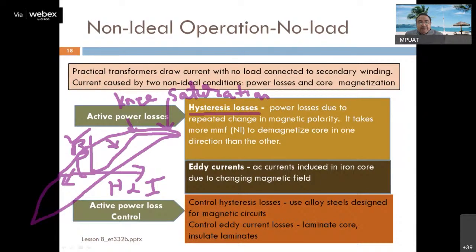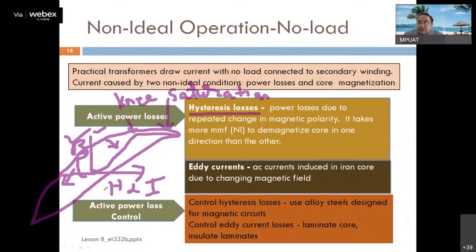So this type of curve is expected in a core when AC flows through it. So what happens is that a hysteresis curve is formed, and there are losses due to the repeated change in the magnetic polarity, and this repeated change is due to the flow of the AC current.